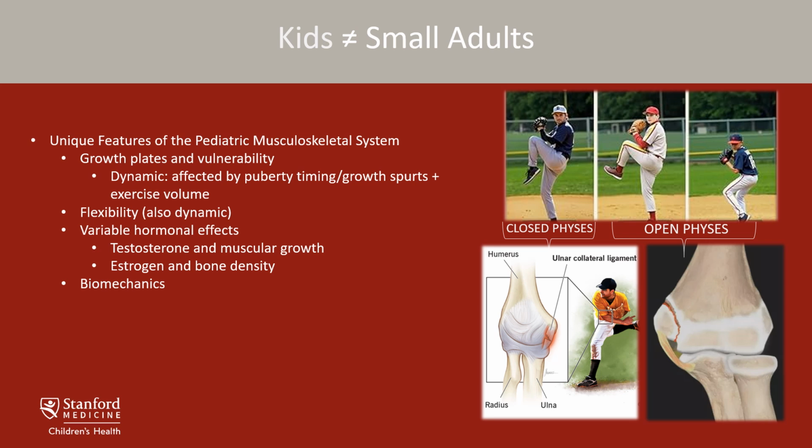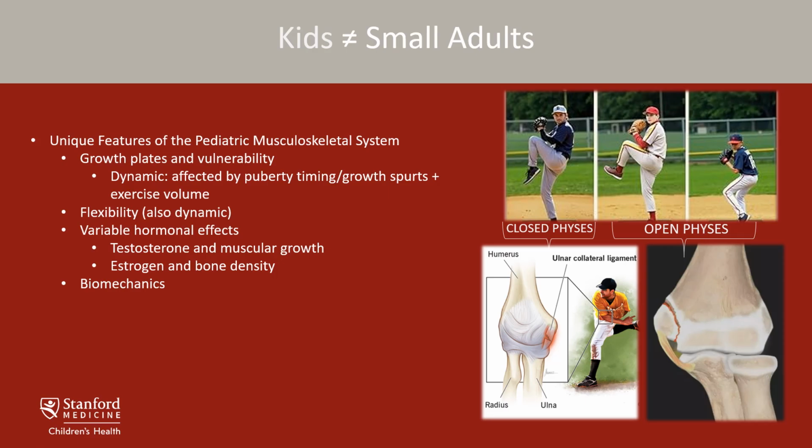With the same injury mechanisms as adults, the open growth plates, or the physes, represent weak points in the chains of forces that are applied to similar systems. They're different systems to adults and they have the same sort of mechanisms, but there's different weak points. These growth plates are also of variable strength and they're weakest during periods of high growth velocity, so they're more susceptible to injury during growth spurts.